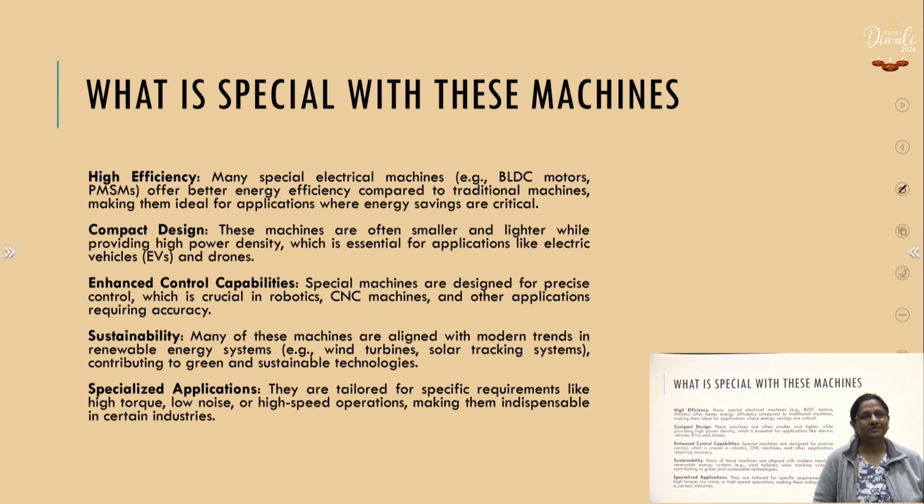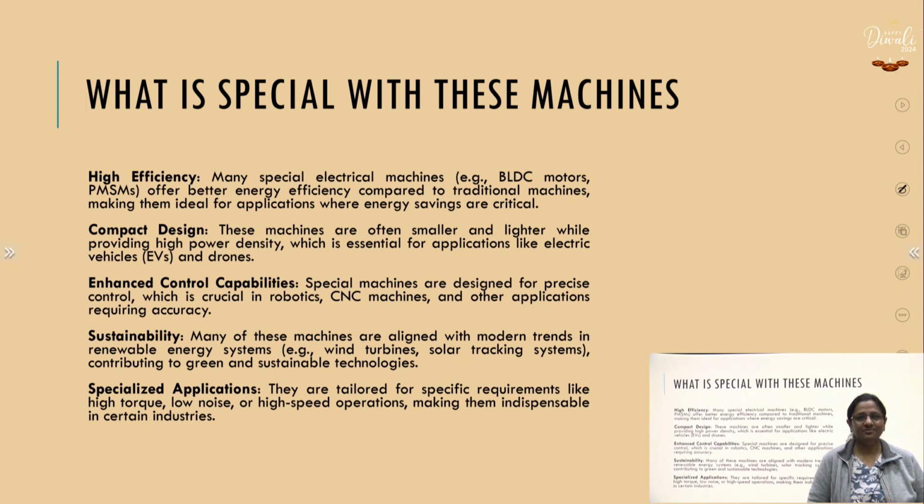High efficiency. Many special electrical machines like BLDC and PMSM offer very good energy efficiency compared to the traditional machines, making them ideal for applications where energy savings are critical. For example, their efficiency may range from 85% to 95%, right?